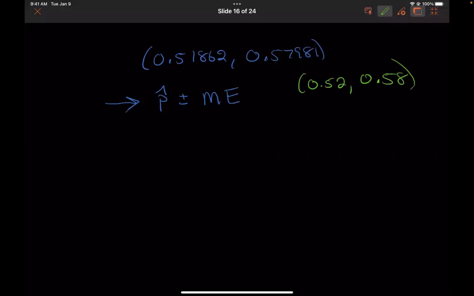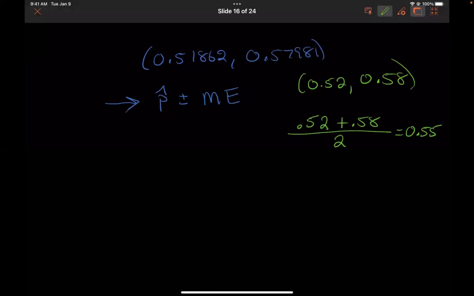So the p hat is the number smack dab in the middle, right? That p hat is smack dab in the middle of those two numbers because I just added the margin of error and I subtracted it. So if you do 0.52 plus 0.58 and then divide it by 2, that's going to give you that number smack dab in the middle, right? 0.55.